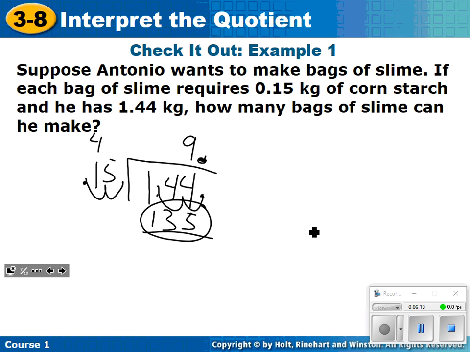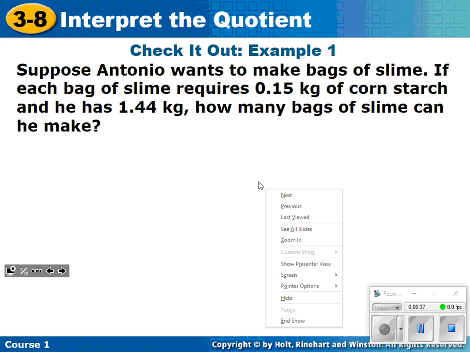Because if, let's say on the last problem, I put a 9 there and I did the multiplication and my number down here was bigger than my number up here, I knew that I would have made a mistake with my division. So I wanted to double check, make sure I didn't make a mistake. That's why I at least did this much. Look at the next one.